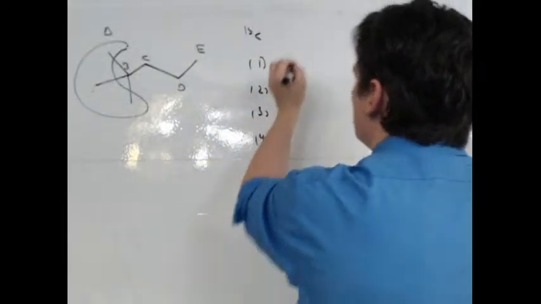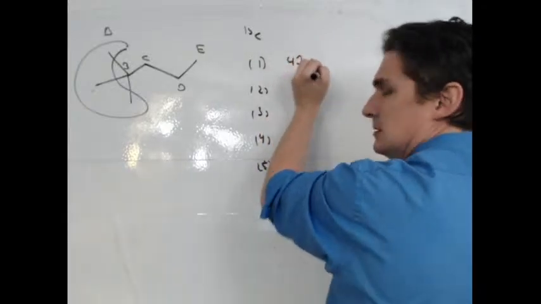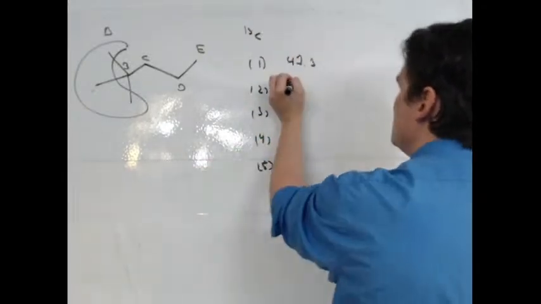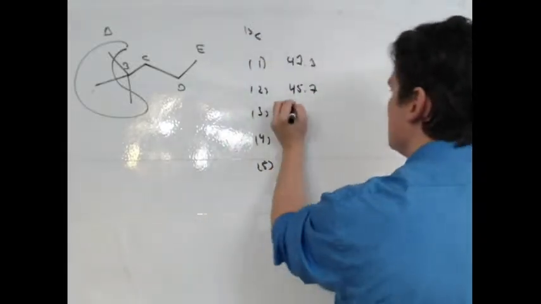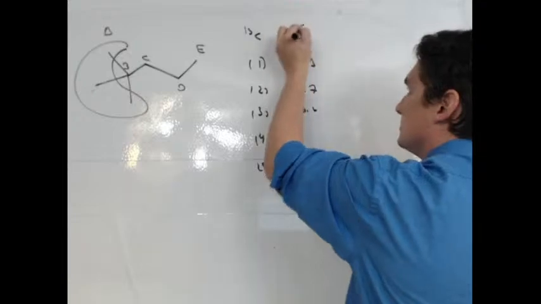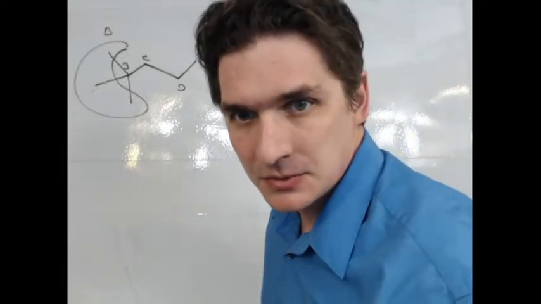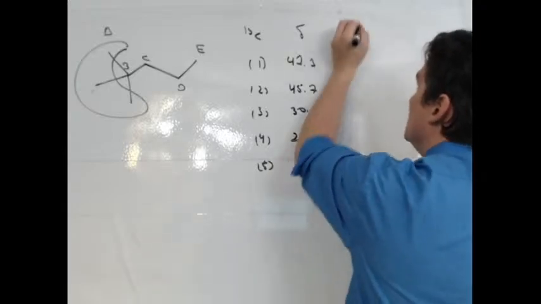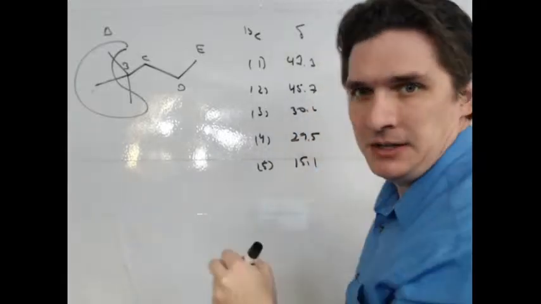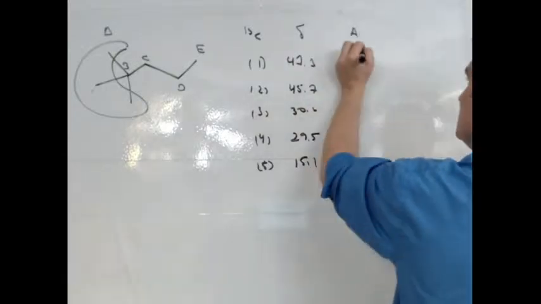Chemical shifts: 47.3, 45.7, 30.6, 29.5, 15.1. And we have an integrated area of 11131.